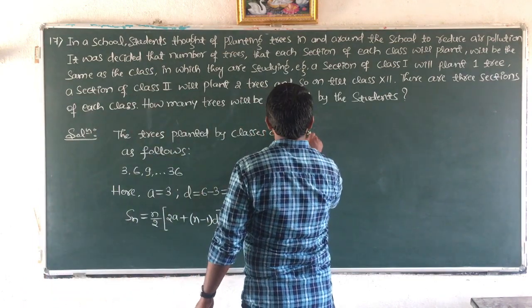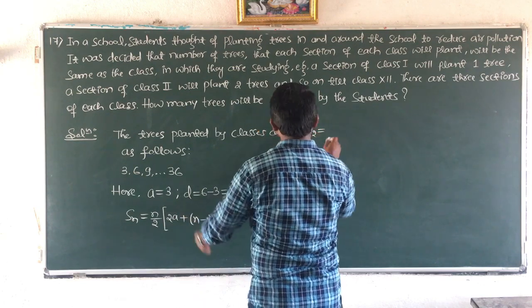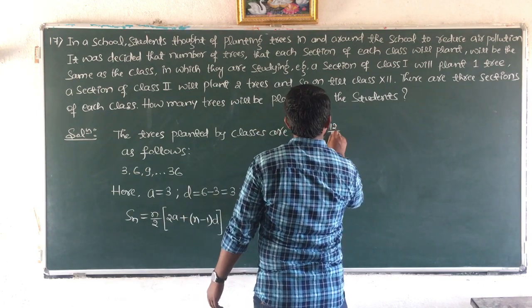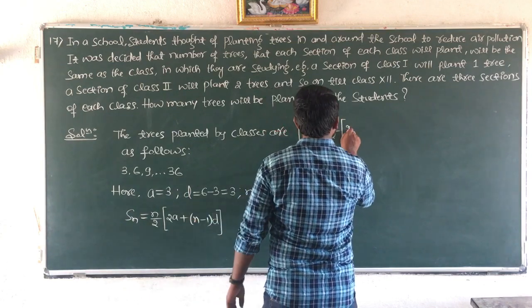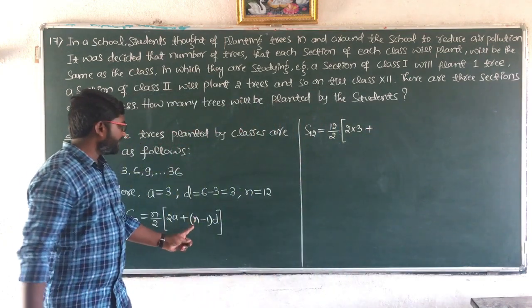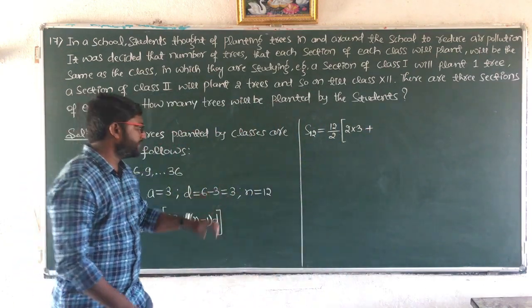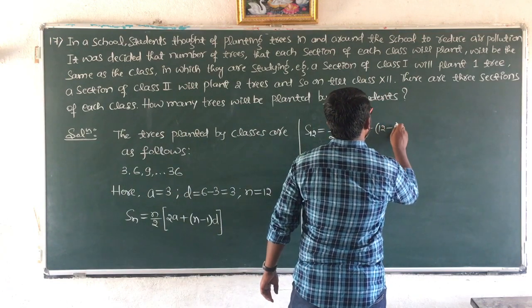So S12 which is equal to 12 by 2 inside the bracket 2a, 2 into 3 plus n minus 1 into d. n is 12, so 12 minus 1 into d.